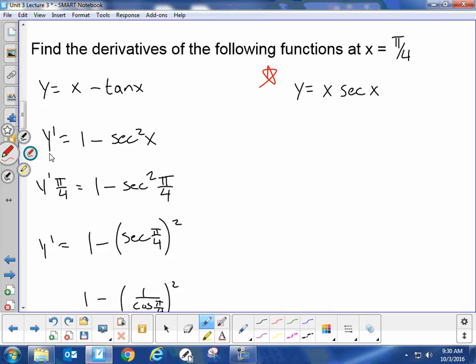You probably have y prime of pi over 4 here. Now let's make sure we recognize that that is a product. We should be using the product rule.